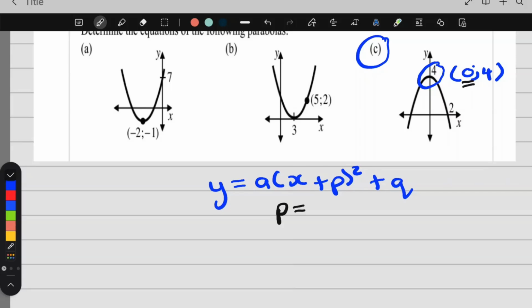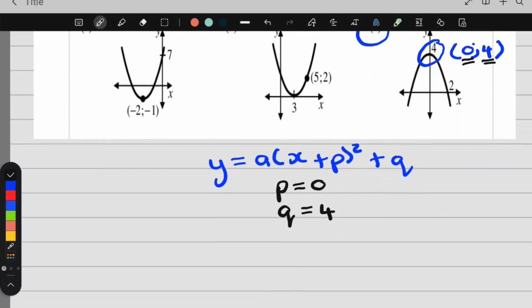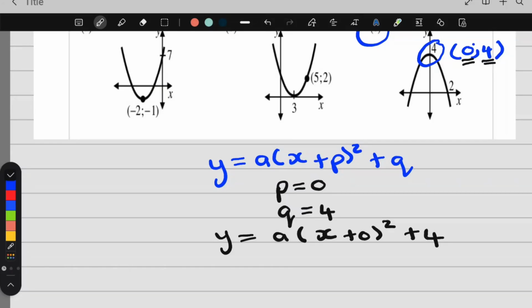The x is 0, so there's no sign to change. So P stays 0. And Q refers to the y value of the turning point, and the sign stays the same. So Q is what? 4. And now we put it back into our formula. So y is equal to A(x plus 0), everything squared. And then our Q is what? It's plus 4.